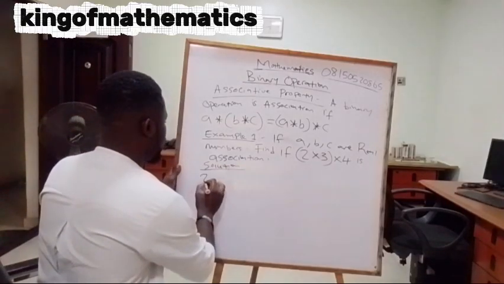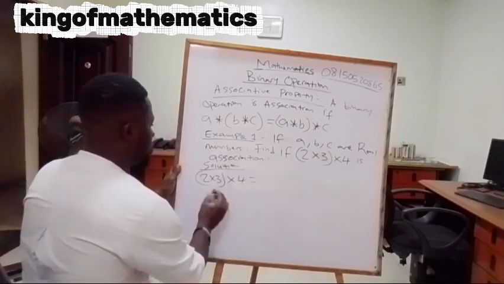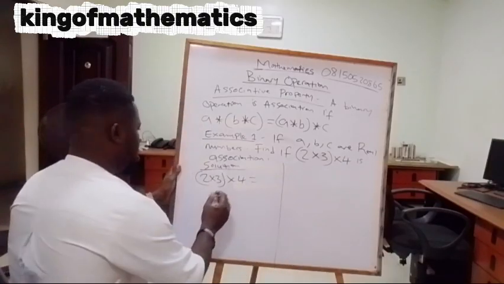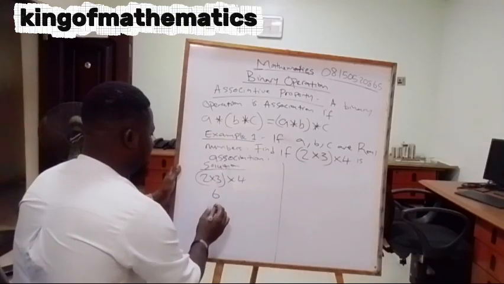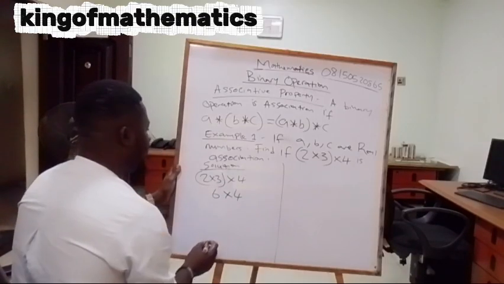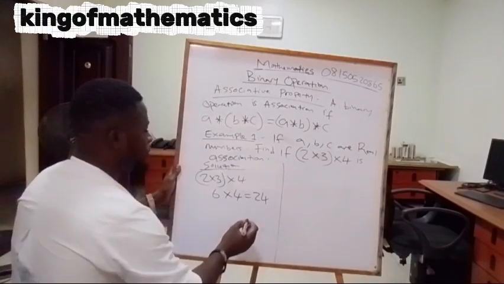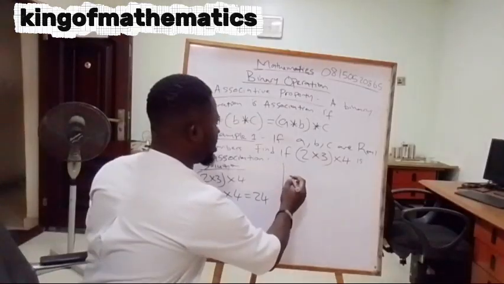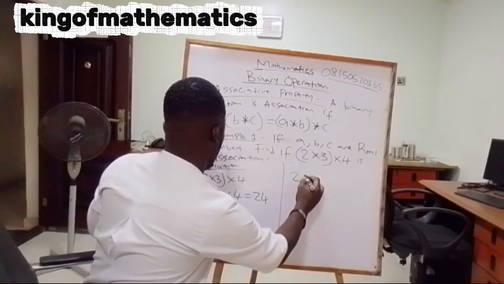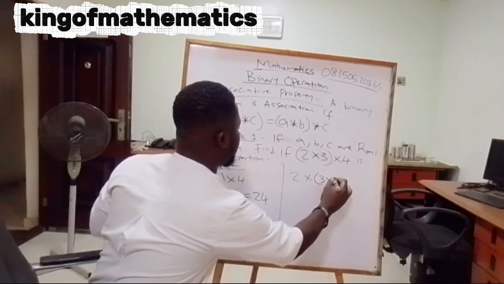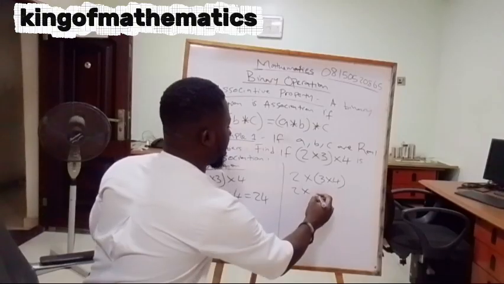So let's find 2 times 3 in brackets, times 4. 2 times 3 is 6, then 6 times 4 is 24. Let's check the other end. 2 times bracket 3 times 4: what's 3 times 4?